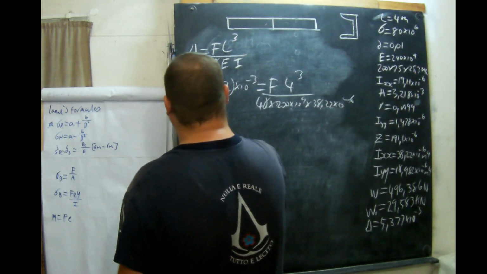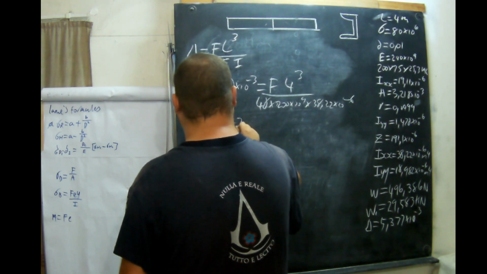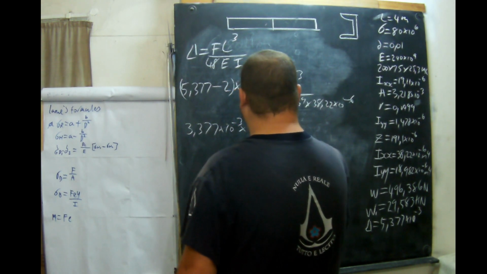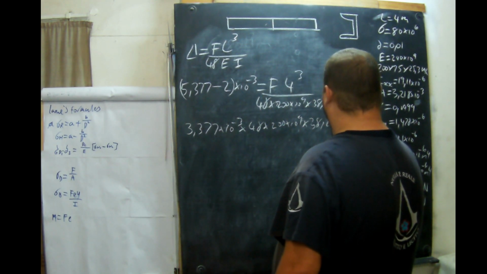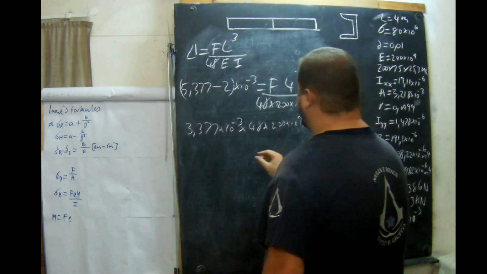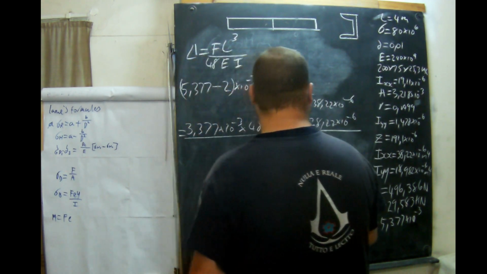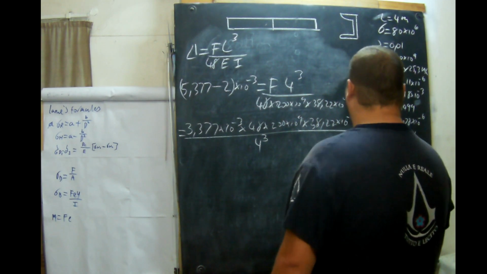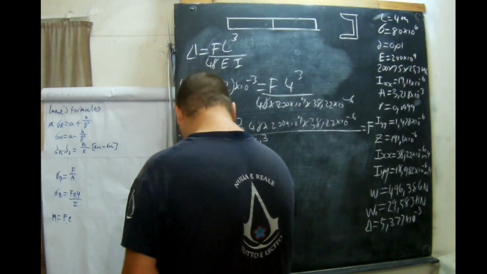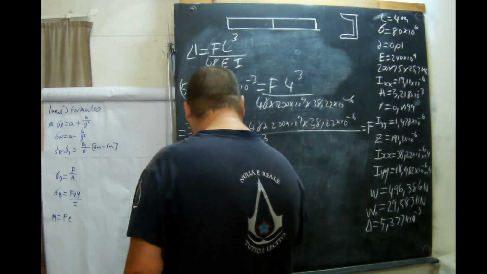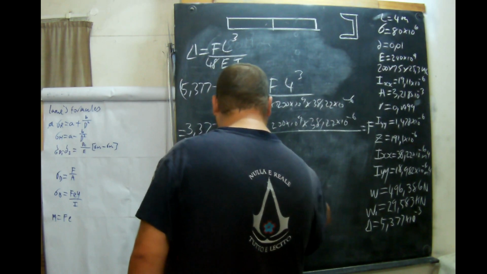So what we're going to take is 3,377 times 10^-3 times 48 times 200 times 10^9 times 38,22 times 10^-6 all over 4^3, and that all equals F. Now since we've done that, we put all the values in our calculator and F gives us 19,359 kilonewton.